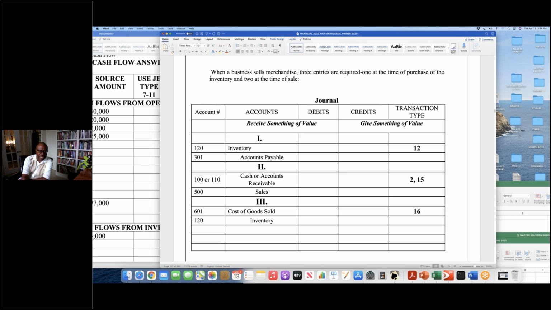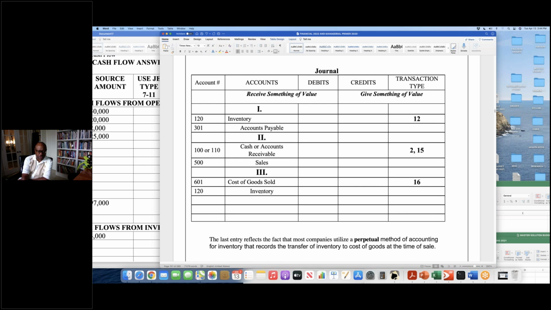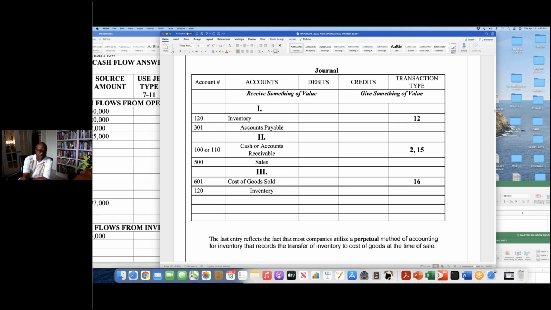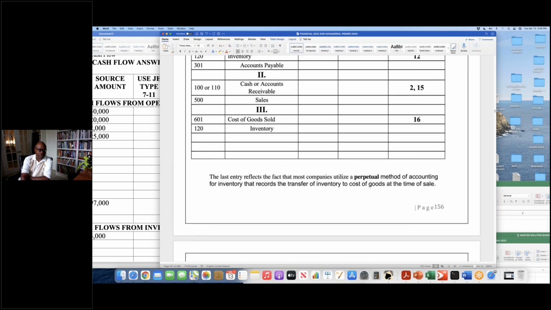Then when we make the sale, we debit cash or account receivable and credit sales, but we keep track of the inventory and we're going to debit cost of goods sold and credit inventory, because you don't want people trying to buy stuff that's not there, especially if people are buying online. If an item is not there, they need to know, so we take it out of inventory.